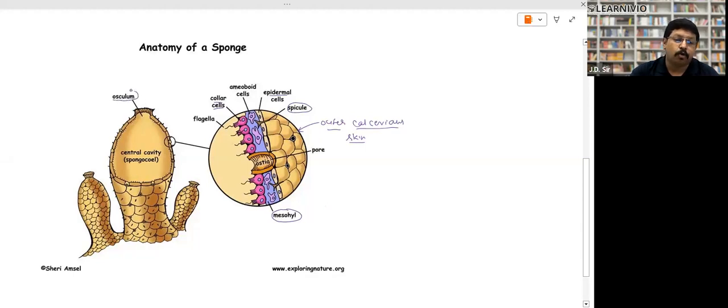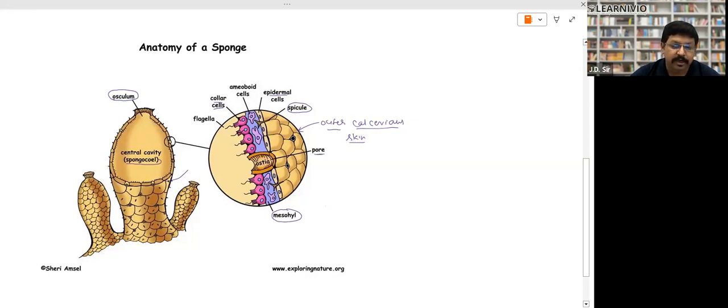Osculum is the main opening of the sponges. Inside the osculum, there is a cavity that is called the central cavity or spongocoel, right? Try to understand what happens. Water enters from certain pores. These pores are known as ostia, right?